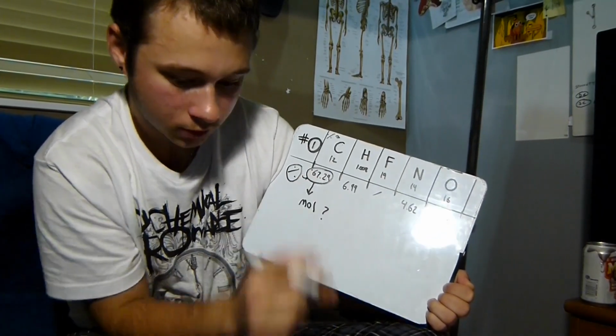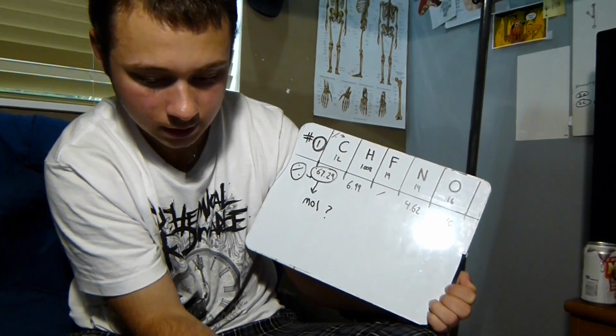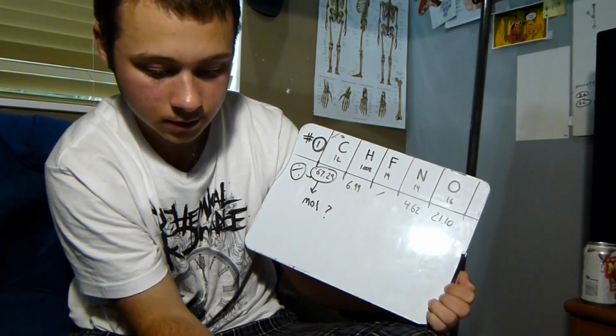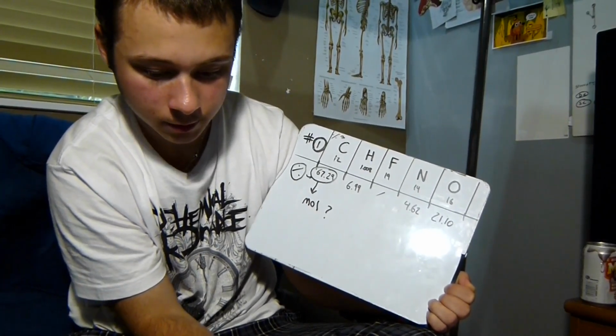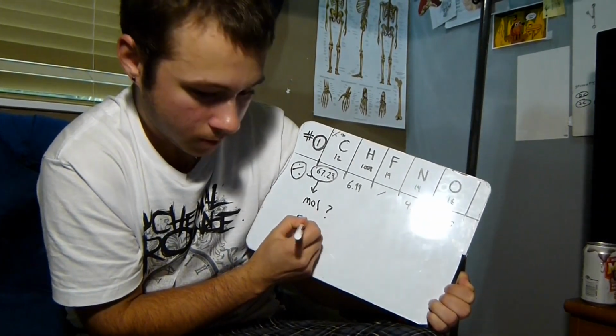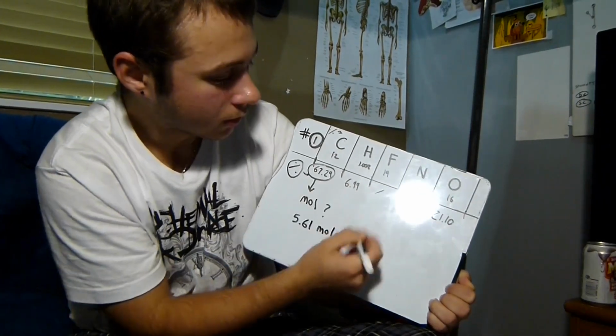Percent, 67.29%, which I'll do on my calculator, and then you divide by 12 grams per mole, and that gives you 5.61 moles of carbon. And I will do that for each one.